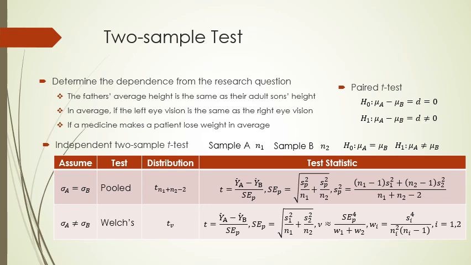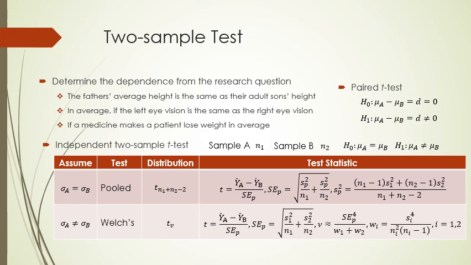For example, we would like to find if the father's average height is the same as their adult son's average height, or if the average left eye vision is the same as the average right eye vision, or if a medicine makes a patient lose weight. We measure patient weights at two different times, before and after they take the medicine.